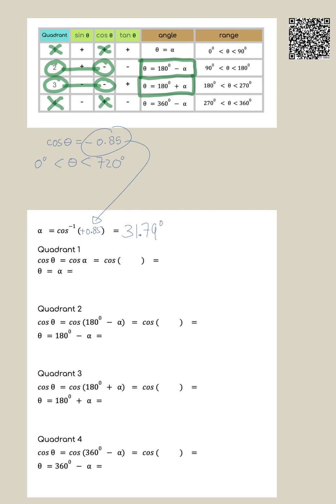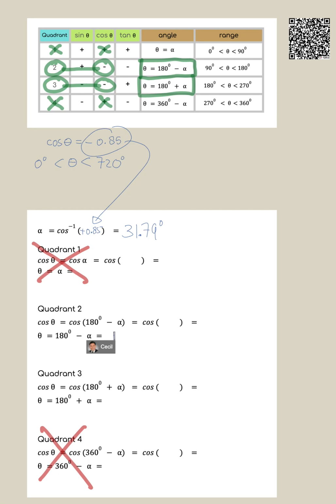Then we work out to find the angles. Remember, we cross out quadrant 1 and we cross out quadrant 4 also. The ones that we find must be in quadrant 2 and 3. For quadrant 2, theta equals 180 minus alpha.